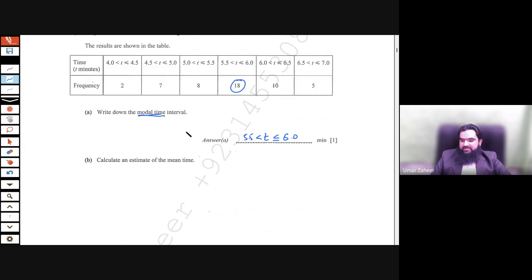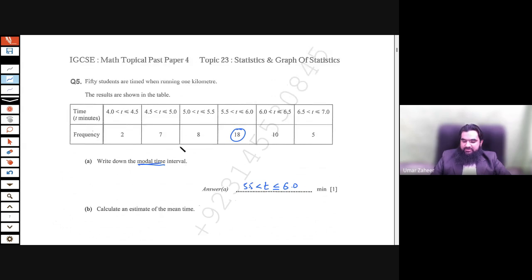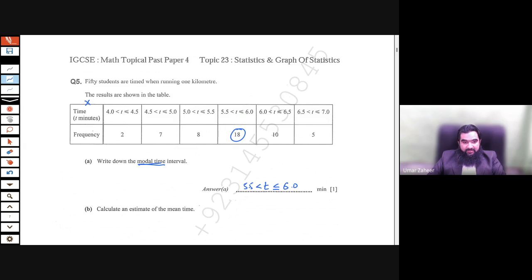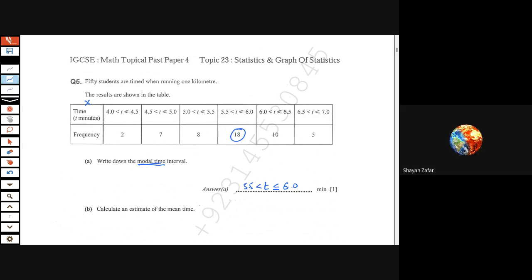Now, in the next part, he says that you have to find the mean, so we will do the same thing. You need to find the midpoint first of all. Yes, 4 plus 4.5 divided by 2. That will be 8.5 divided by 2, so it will be 4.25.